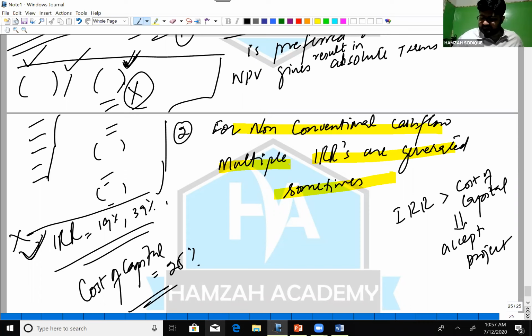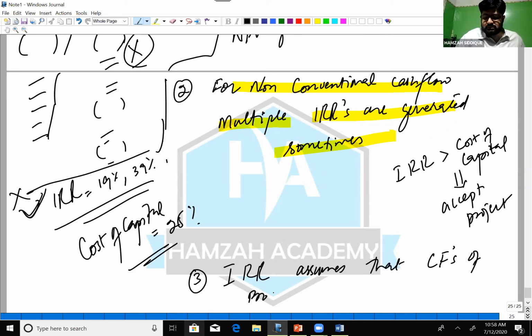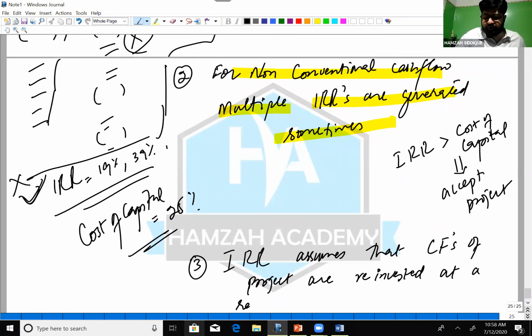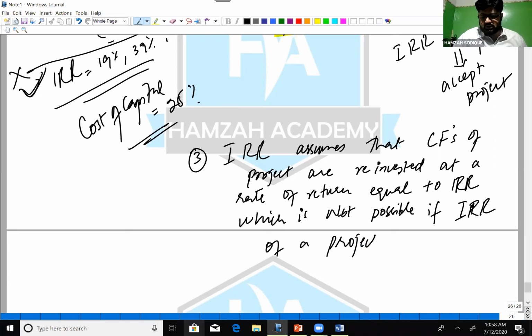Now, next, third, IRR assumes that cash flows of project are reinvested at a rate of return equal to IRR, which is not possible if IRR of a project is too high.